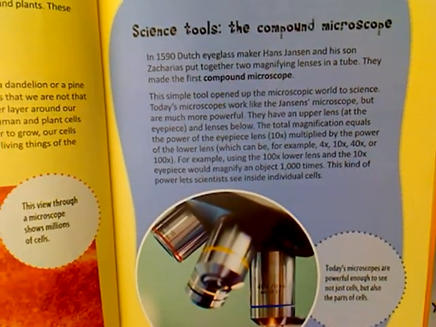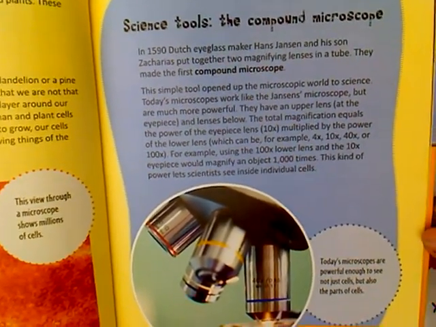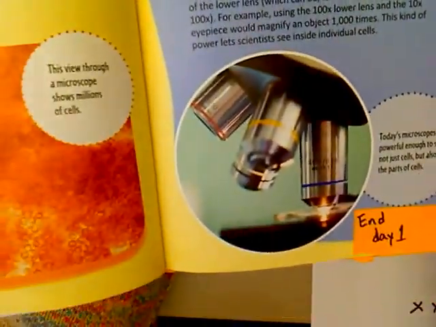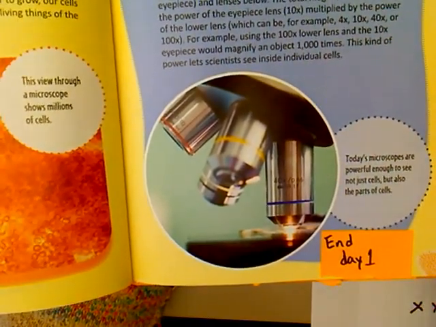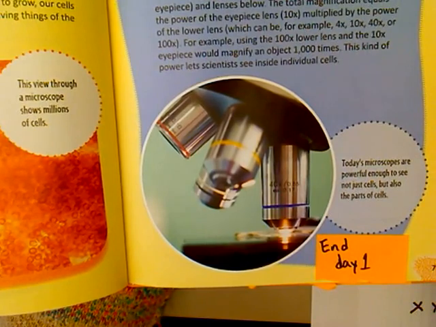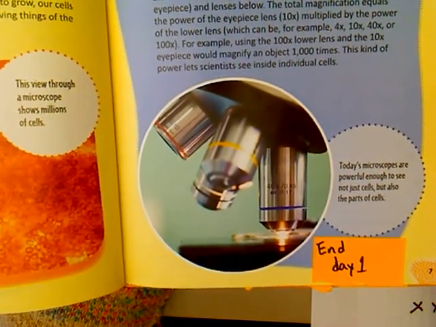This kind of power lets scientists see inside individual cells. Wow. So here's a picture, and here's a caption that explains it. Today's microscopes are powerful enough to see not just cells, but also the parts of cells.